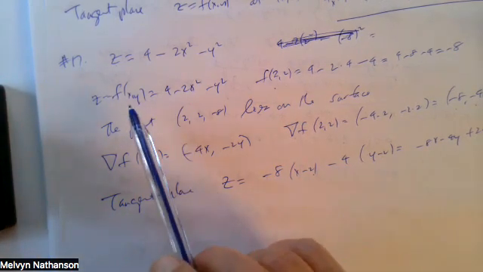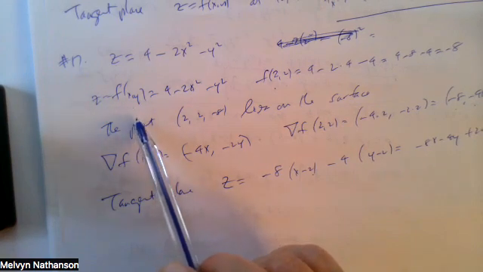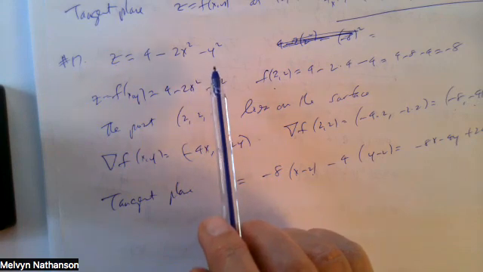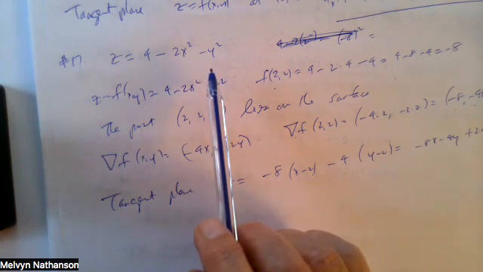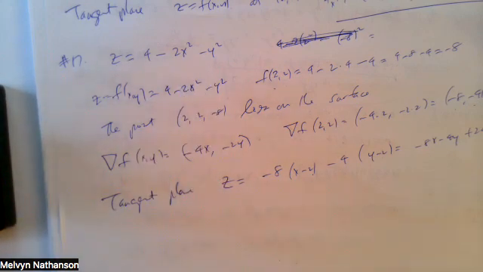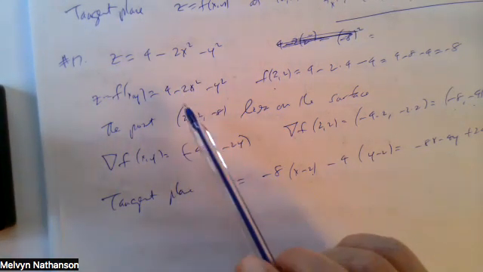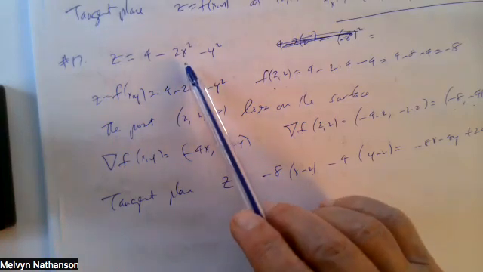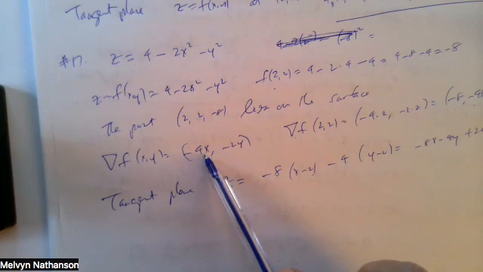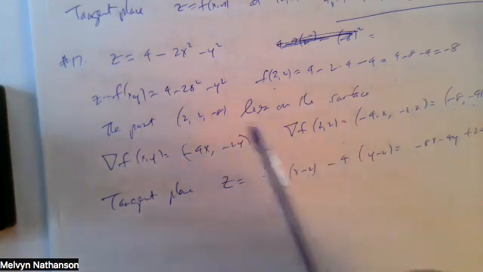So z is 4 minus 2x squared minus y squared. The partial of f with respect to x is minus 4x, and when x is 2, that's minus 8.